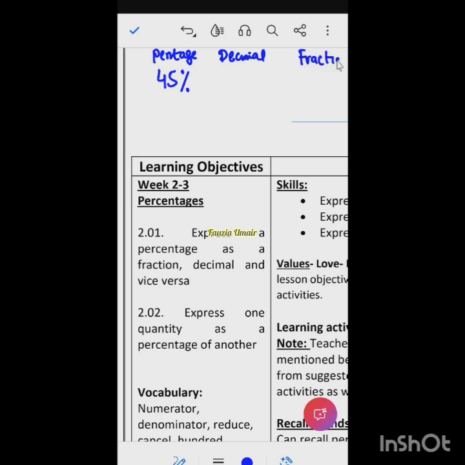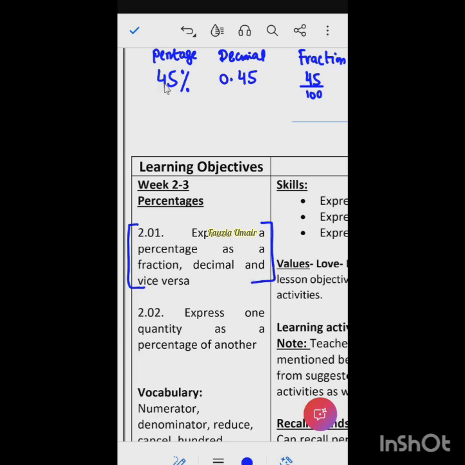Ma'am, 0.5. 0.5 or 0.45? 0.45, right? So 0.45 in decimal, and in fraction it would be 45 by 100, right? And we can simplify it, right? So same is the case. If any one of these forms is given to us, this first learning objective is that we can change it into the other form.